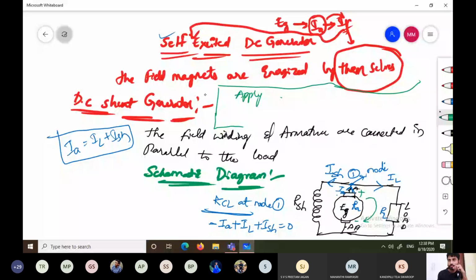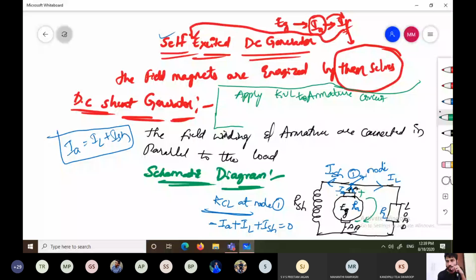So apply KVL for this particular armature circuit. We are going in the direction of IL. So we touch the negative terminal of EG, so we can write minus EG.